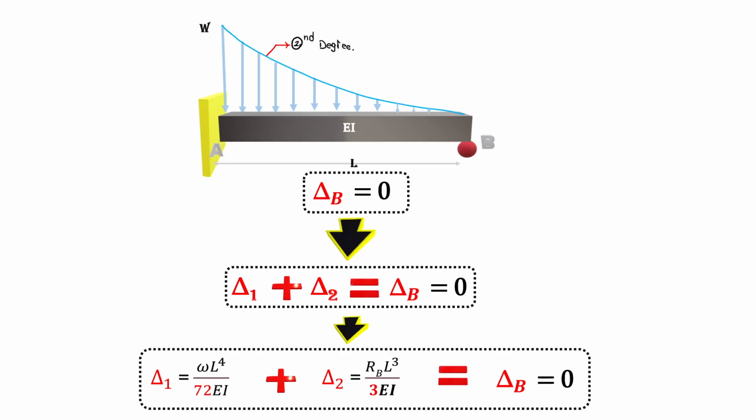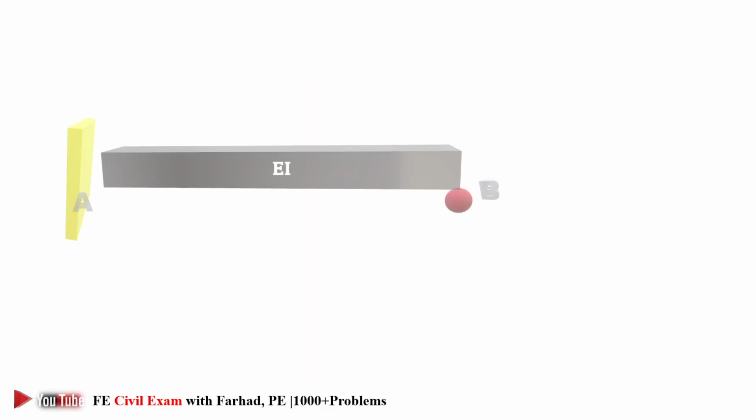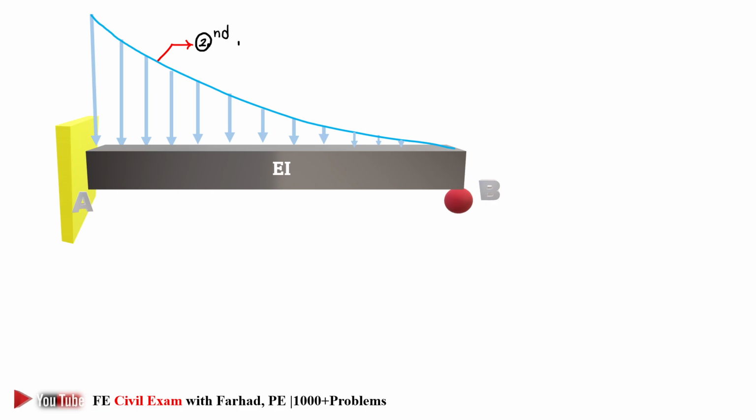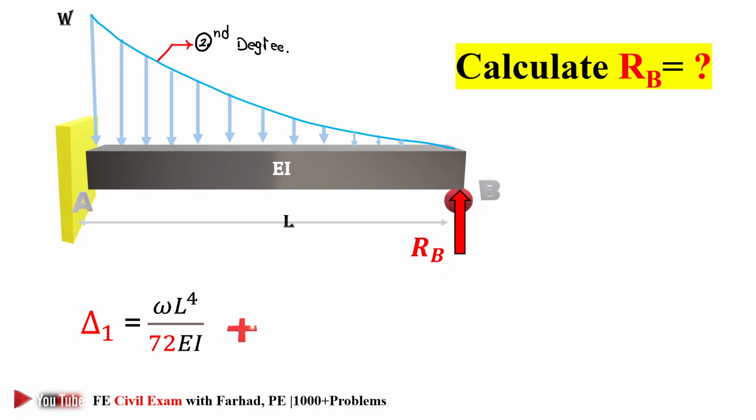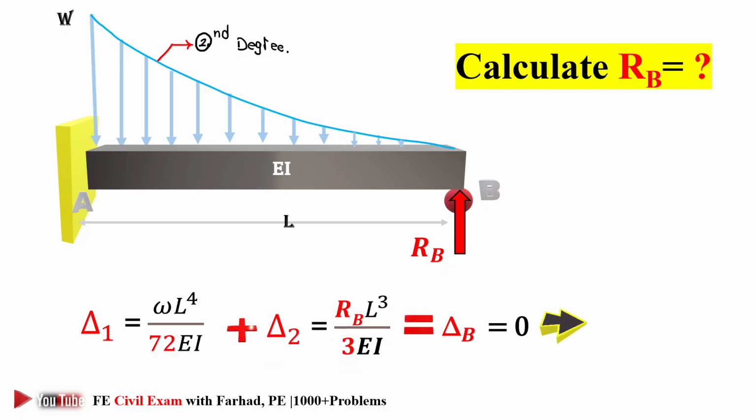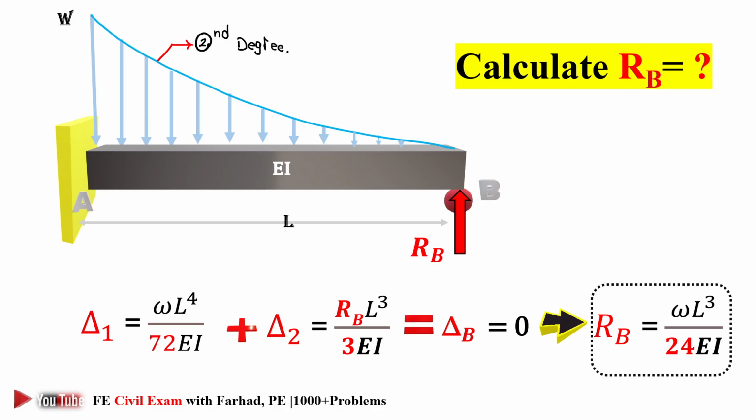And it simply says the only unknown in this problem, which was the calculation of RB, the reaction at B, is simply calculated to be RB equal to WL cubed over 24 EI. Thank you. We'll solve more interesting problems in next videos.